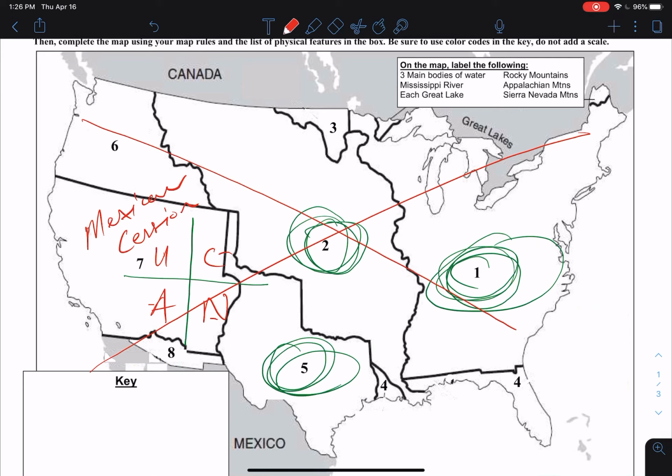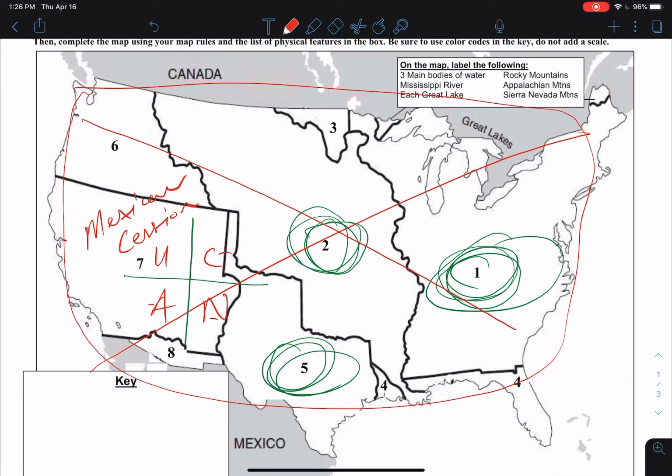So I understand that you might not use this after 11th grade, but the skill of being able to process this information and understand how to study different categories of information relating to one topic is going to help you no matter what field of study you're in. Okay. And so that's really my goal here. And this is just the tool by which I'm trying to get you to practice those skills.